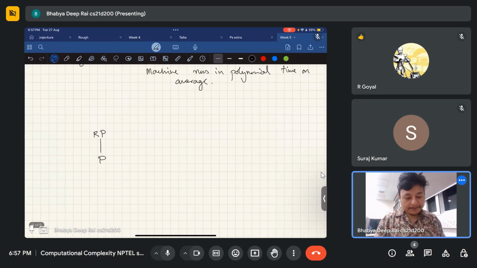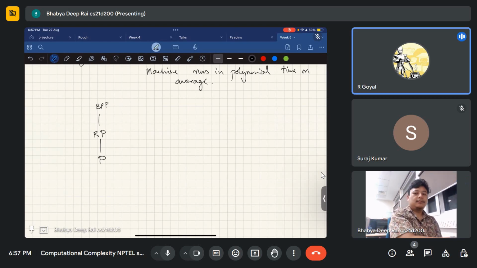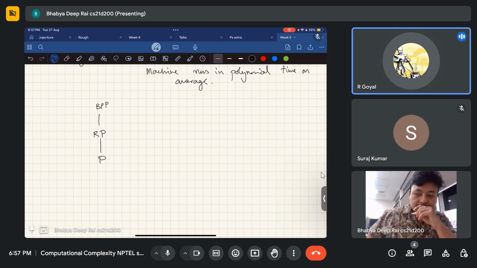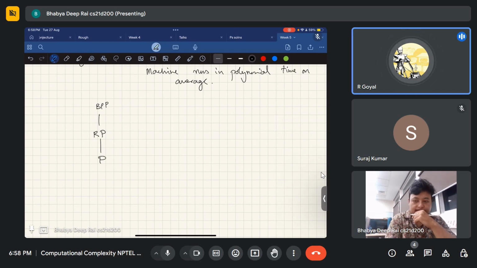And is RP contained in BPP? So in case of RP, yes. So RP is that all the strings which are part of the language are getting accepted with the probability greater than half, and which are not part of the language are getting accepted with the probability of 0.